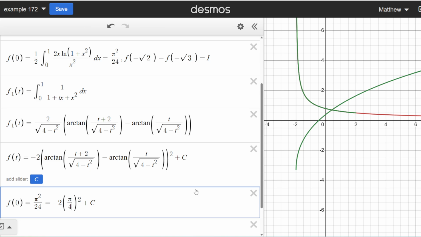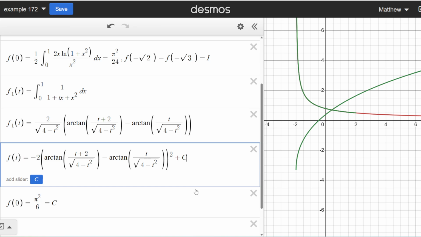So this becomes pi squared over 16. Get rid of the squared. This 2 cancels this. That becomes negative pi squared over 8. We'll change this to 3 pi squared over 24, and then add it to both sides. So that's going to give us pi squared over 6.